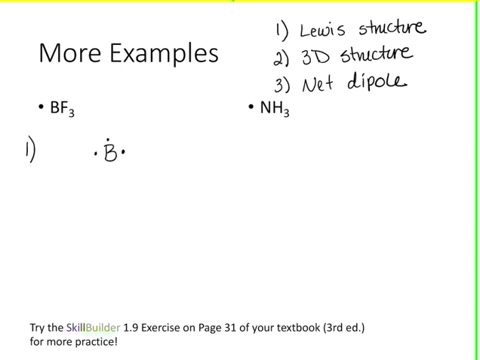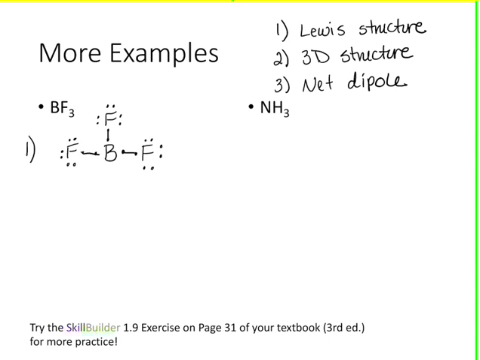And conveniently, there are only 3 fluorines. How many valence electrons does a fluorine atom have? 7. So it has 3 lone pairs and 1 unpaired electron. So we're just going to draw all of our fluorines here. Okay, so now we can make our bonds.